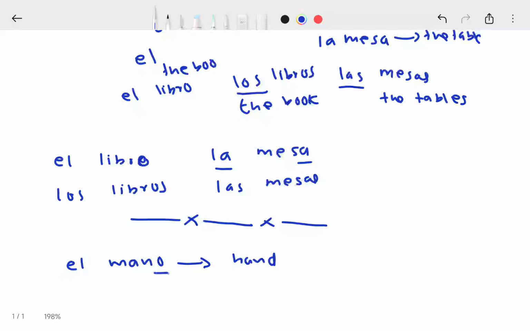Here if you notice, it ends with o, and it aligns with our rule, el mano, which ends with o, so it is masculine. And another example is el problema.